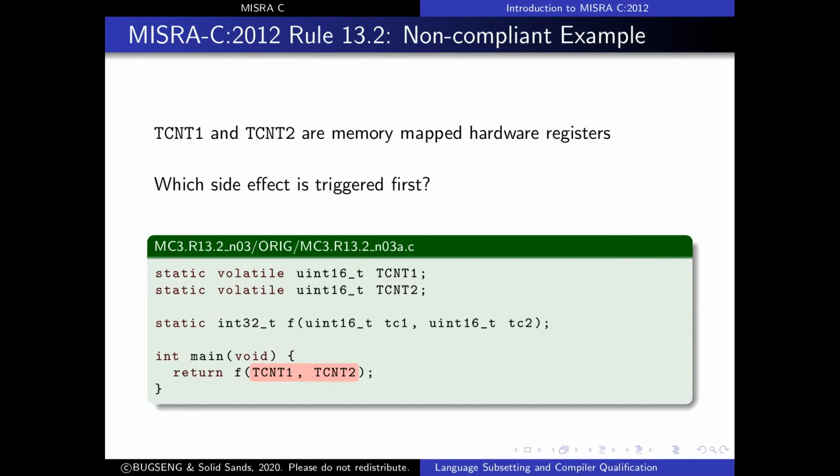Since the order in which the arguments of a function call are evaluated is unspecified, in this example code we have a violation of the rule, because we don't know, looking at the code, whether the side effect of TCNT1 is executed before or after the one of TCNT2.